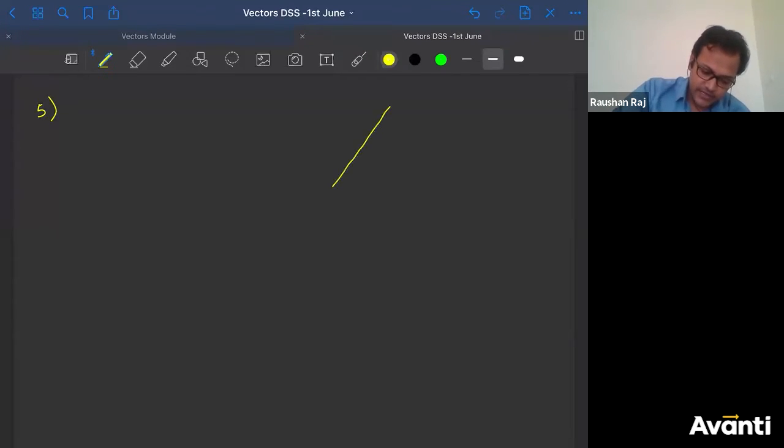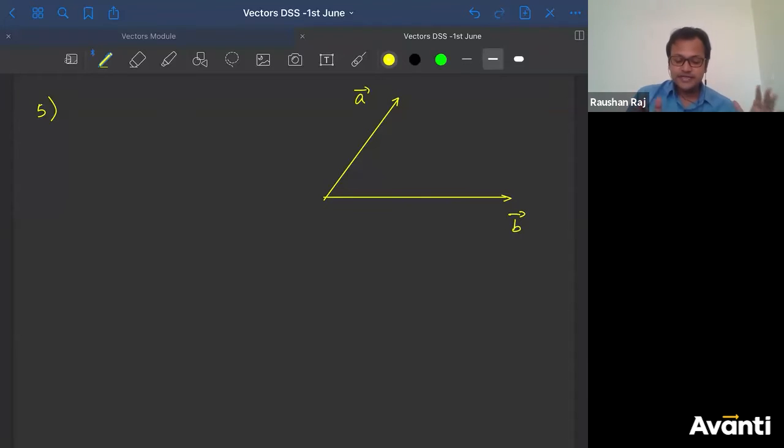Let us say this is vector A. And this is vector, let me make it a bit bigger, just for better understanding. This is vector B. Now, what will be the triangle contained between them?